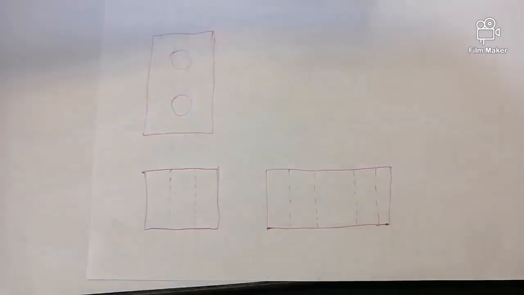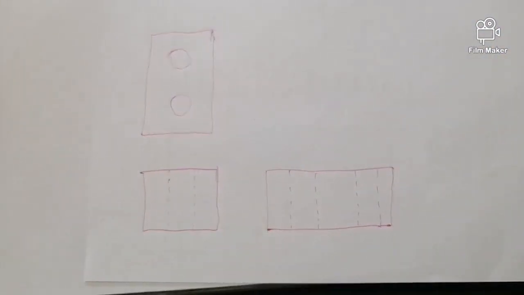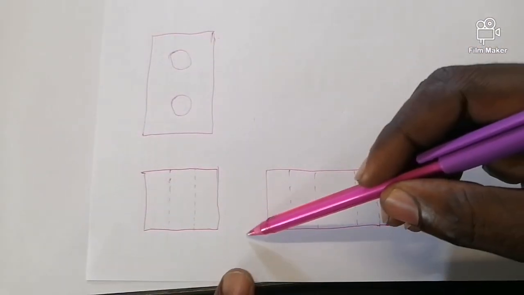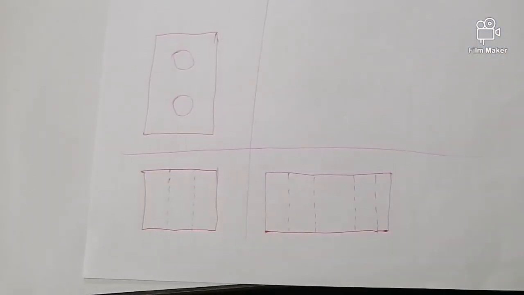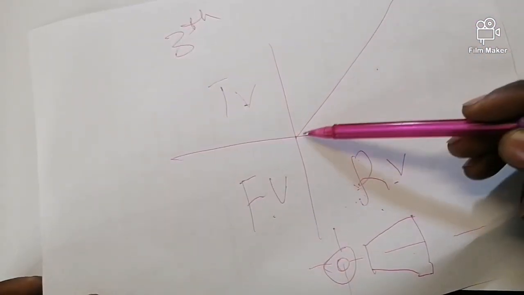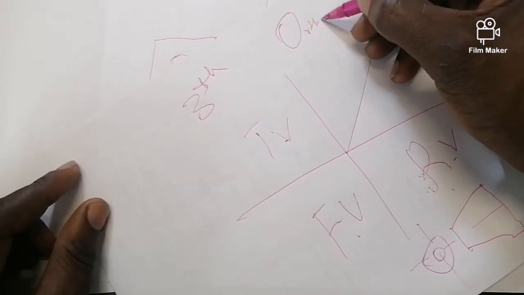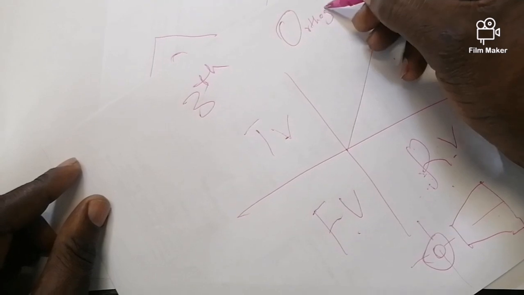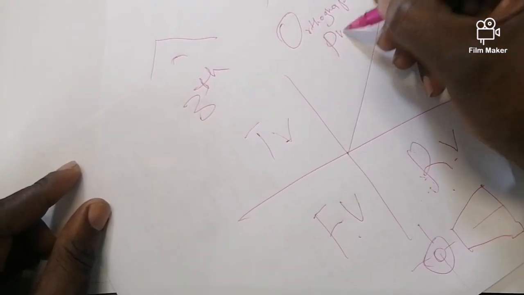You understand? So if we were to come back and put the Cartesian plane, your Cartesian plane will go like this. So you see there is a projectional line, because it's all graphic projection.